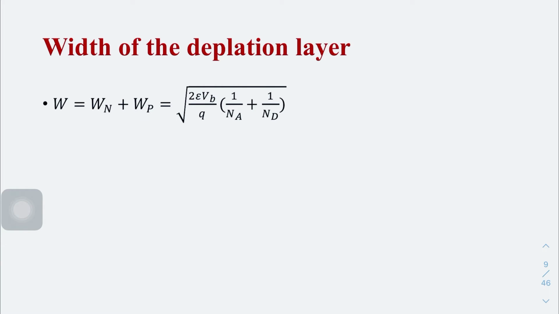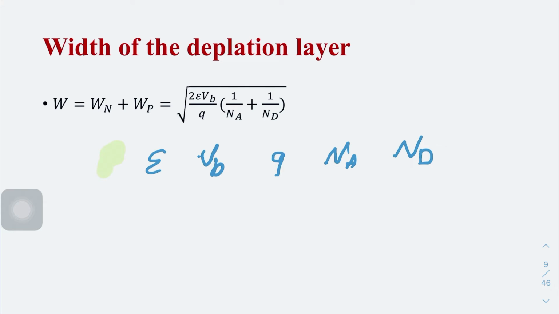Here epsilon is the dielectric constant, Vb is the built-in voltage, Q is the charge of the electron, Na is the concentration, or the rate of doping, of acceptor impurity atoms, and Nd is the rate of doping of donor impurity atoms.